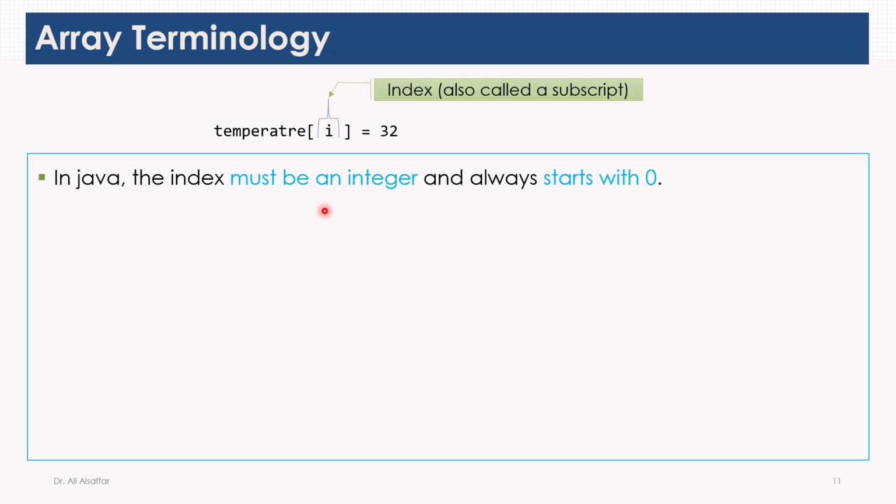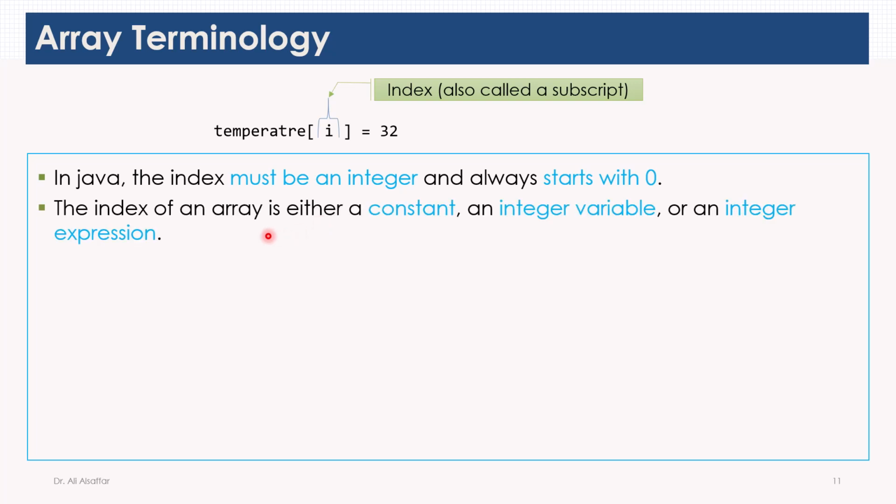So what are the possible indices we could have for arrays? We could have three options. Either the index is a constant, or the index is a variable, like this example you see in front of you, or it can be an expression, but the result of this expression should be an integer.